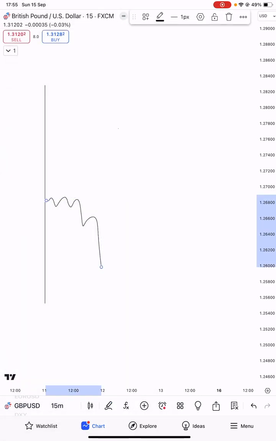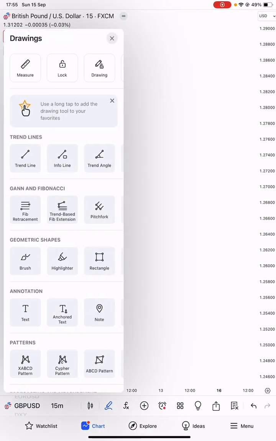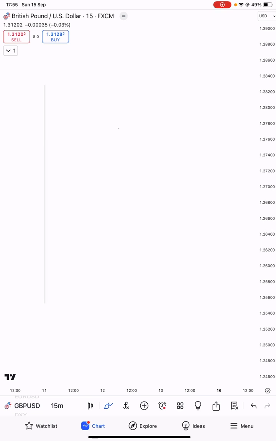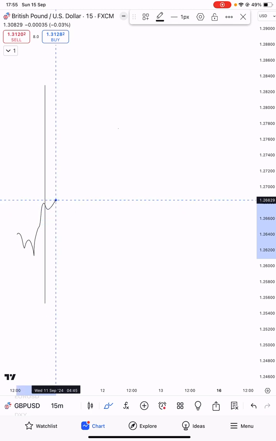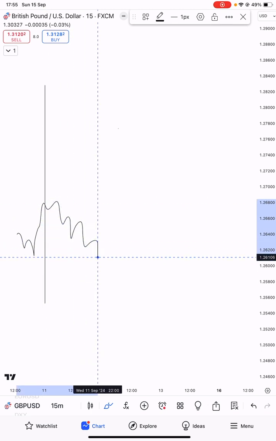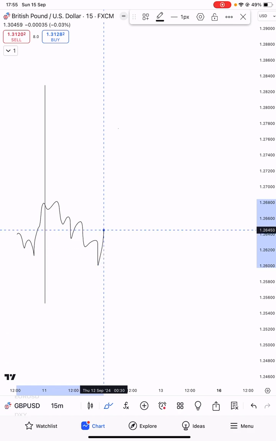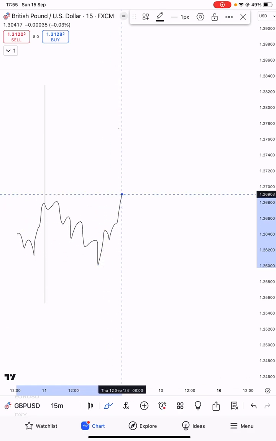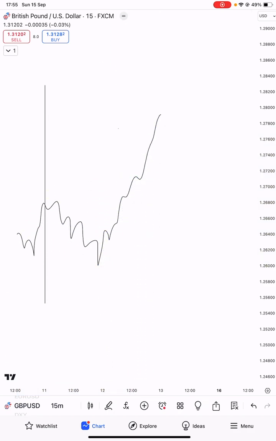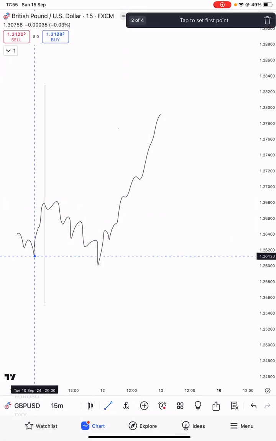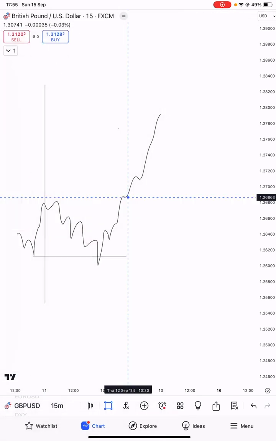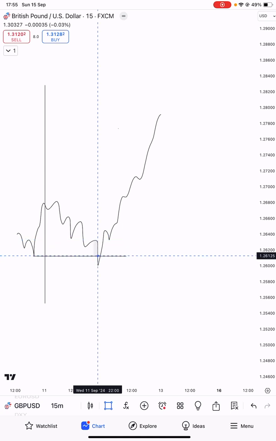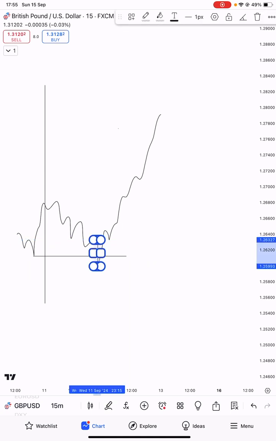So let's draw it like this. You are waiting, not necessarily before the opening time, so I will do both cases, for a drop below an old low, then a close above. So a drop below an old low, using the candle on the 4-hour time frame.